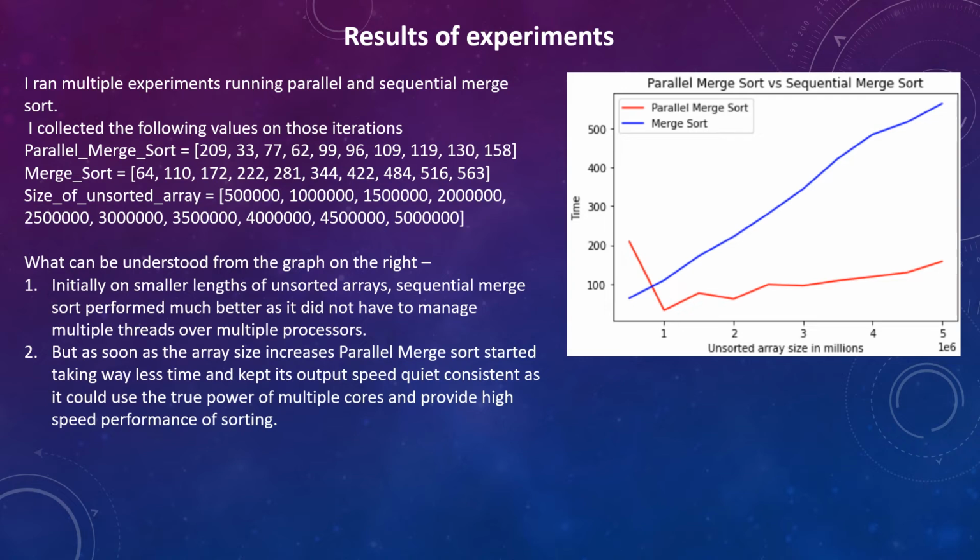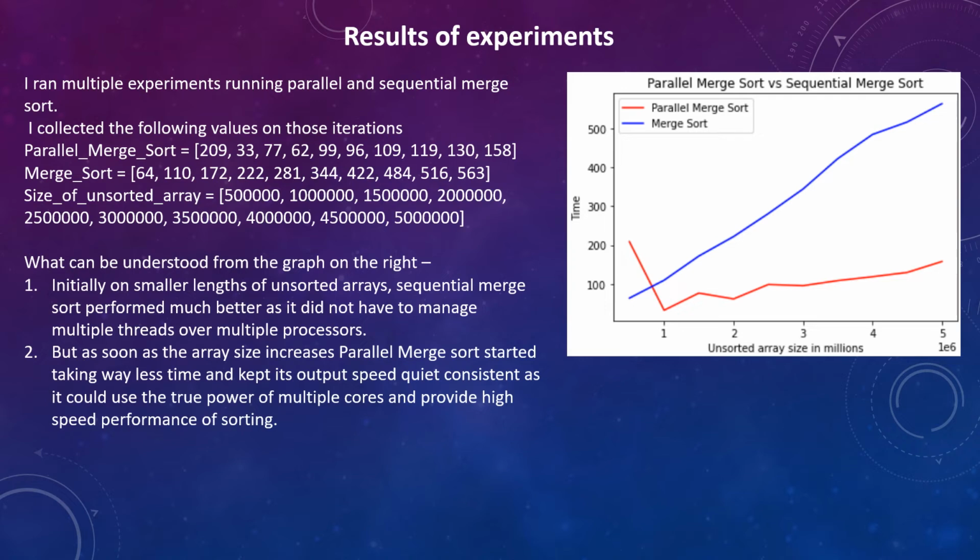In this particular case, the sorting operation is so small that when you run it on multiple processes, it takes way more time, because those processes themselves take time to get started, do their work, and then end. That is why parallel merge sort takes way more time initially in comparison to regular sequential merge sort.